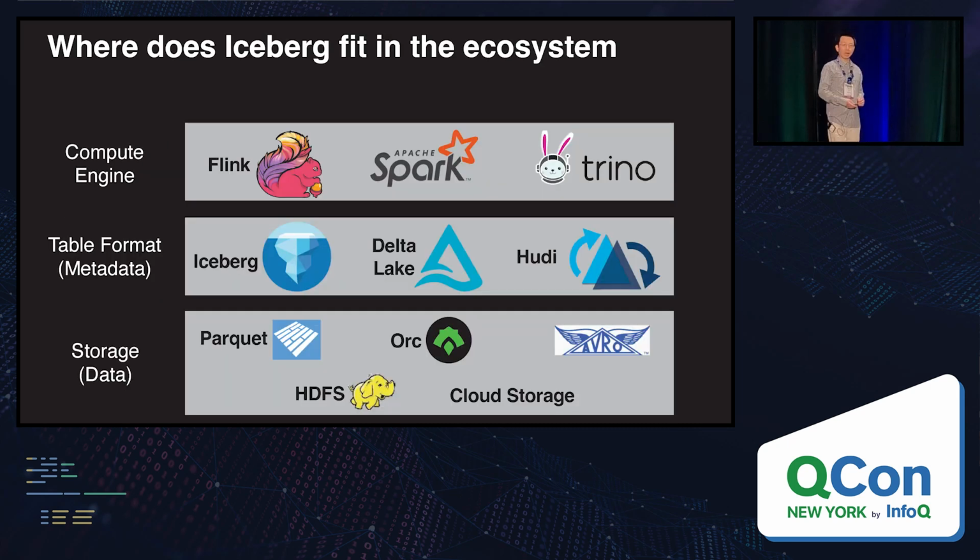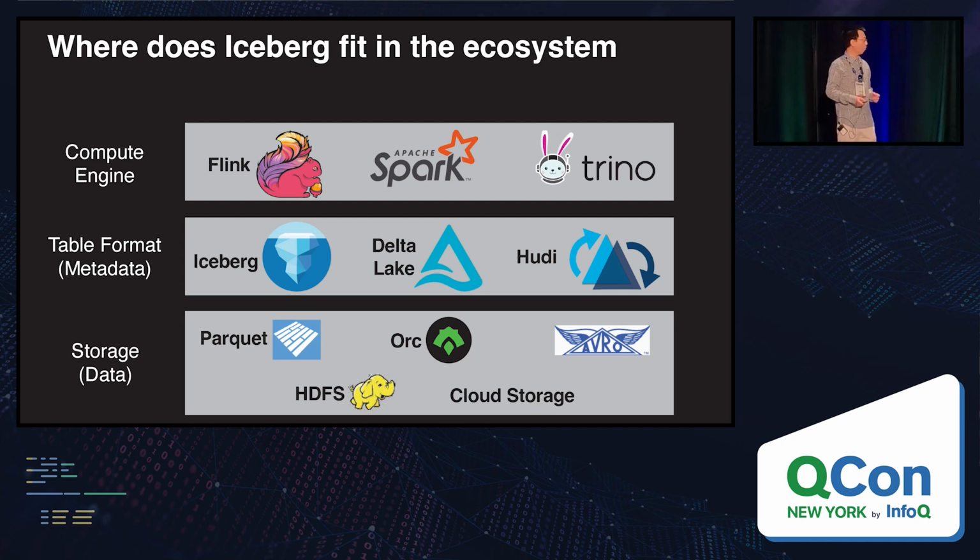So where does Apache Iceberg fit in the big data ecosystem? At the bottom level, we have the data files like Parquet or ORC. They're stored on distributed file system like HDFS or cloud storage like S3.